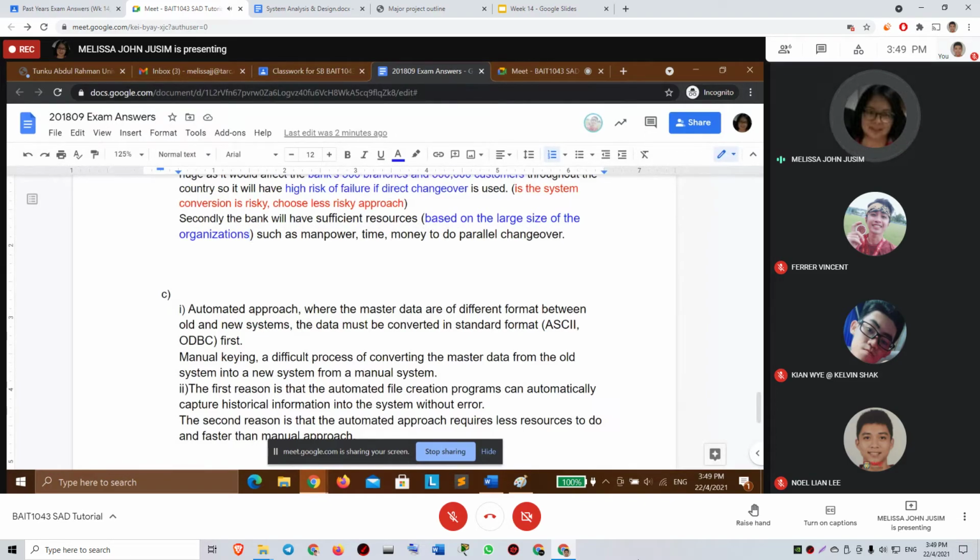The automated approach means the data must be converted into a standard format first. For example, you must have ODBC, right? Okay, for the automated approach, that is correct. And then for manual key in, normally we need a routine. Let me see.